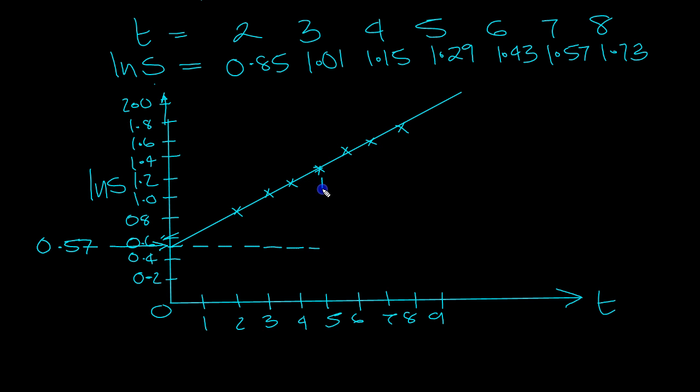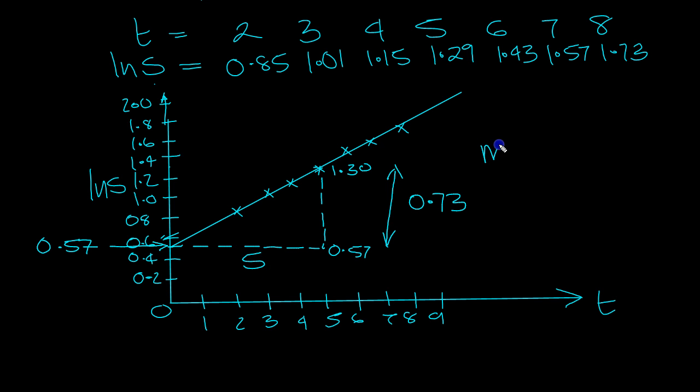I'll go up here, and I'm going to say that's 1.3. So it's 1.30 and this is 0.57. So the height here is 0.73, and the distance across is 5.